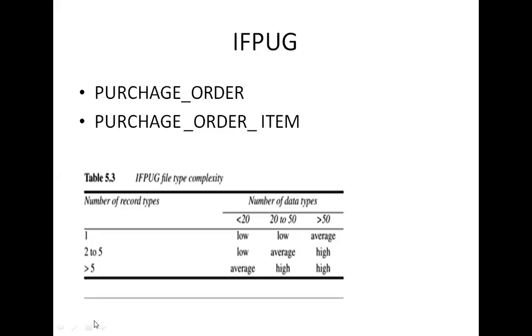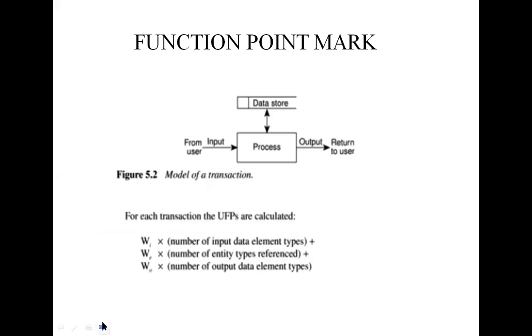We move to the next topic: function point. This is proposed by CCTA, the Central Computer and Telecommunications Agency. It is the official method used and implemented in the UK.